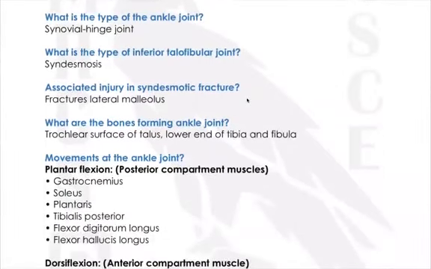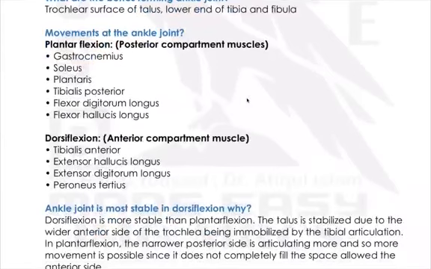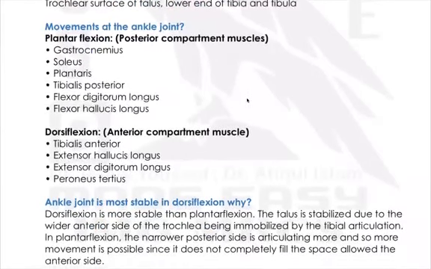Next, as we said, what are the movements of the ankle joint? You have plantar flexion and also dorsiflexion. We will talk about the muscles in a bit. In the anterior compartment, we have tibialis anterior, extensor hallucis longus, extensor digitorum longus, and peroneus tertius from the lateral side.